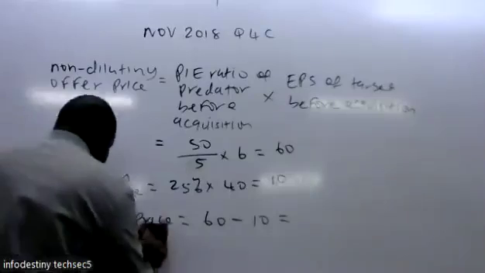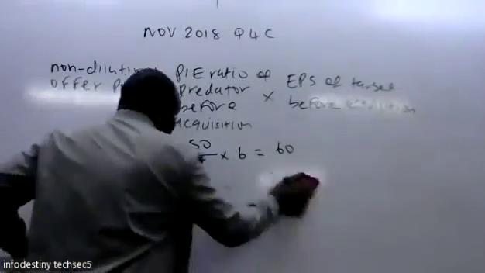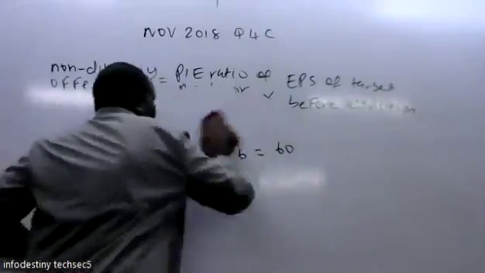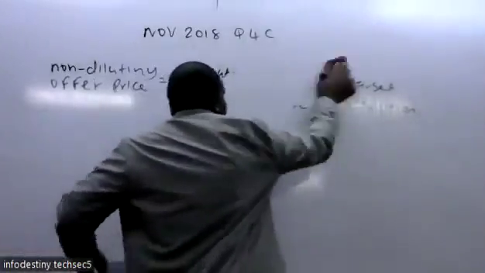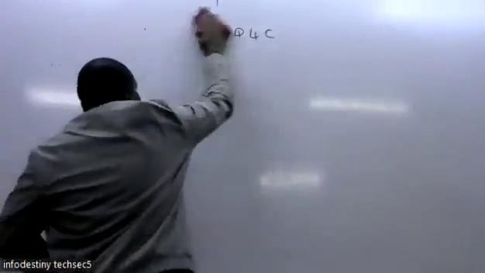So we are on the Roman letter 2, where we compute the minimum offer price, where we compute the new offer price.